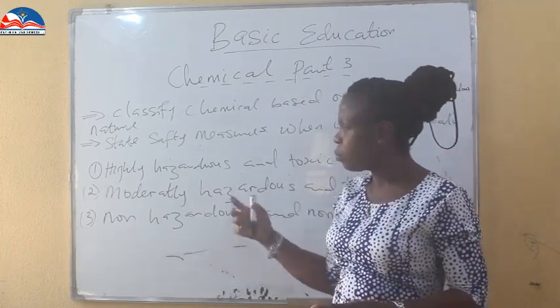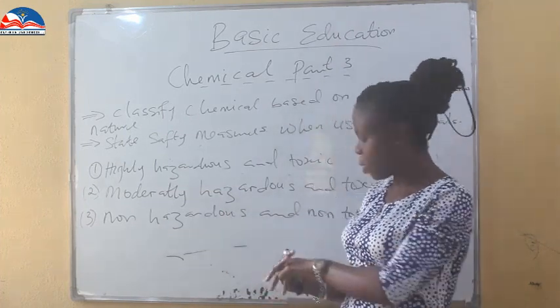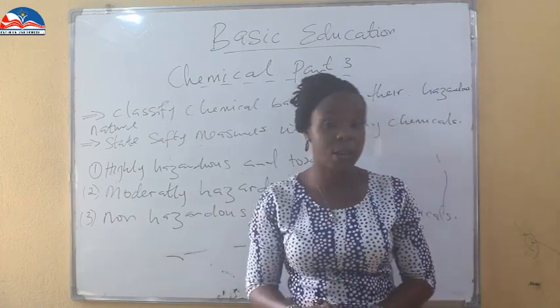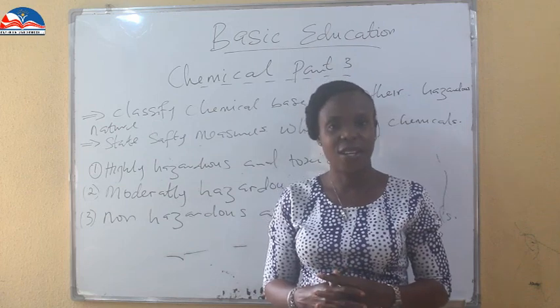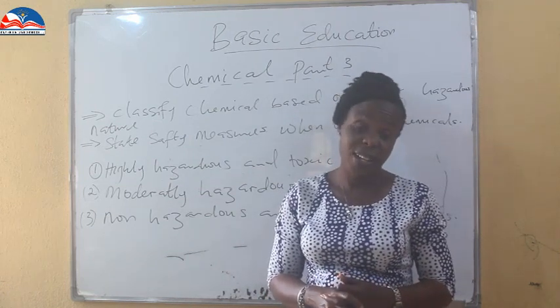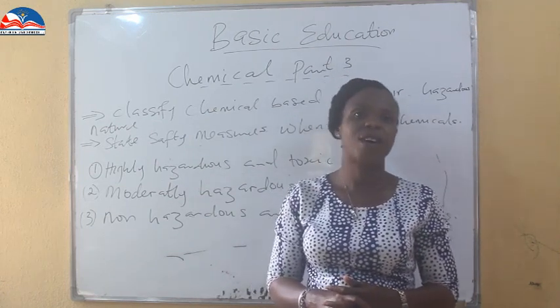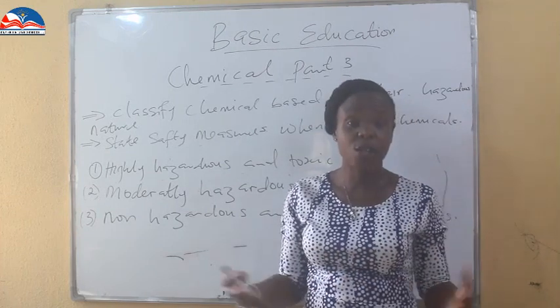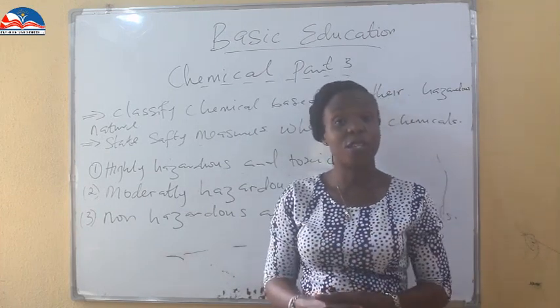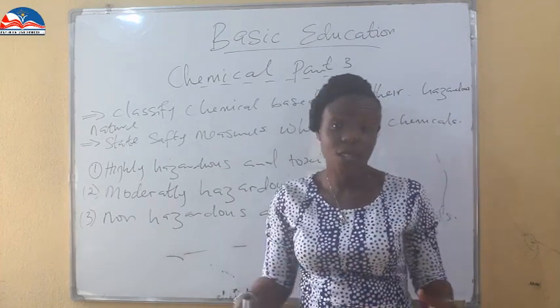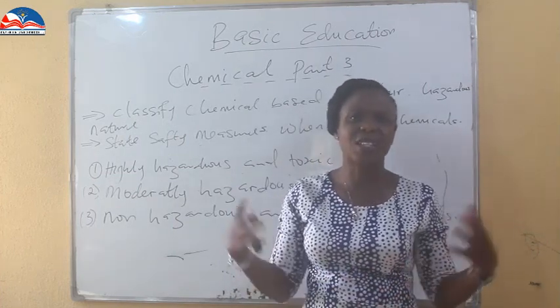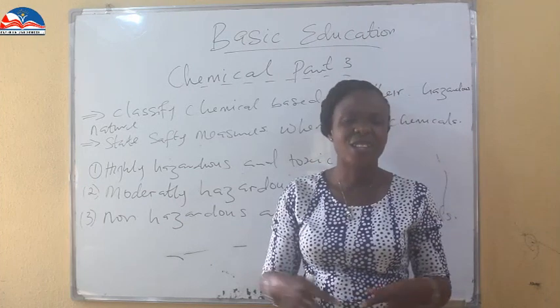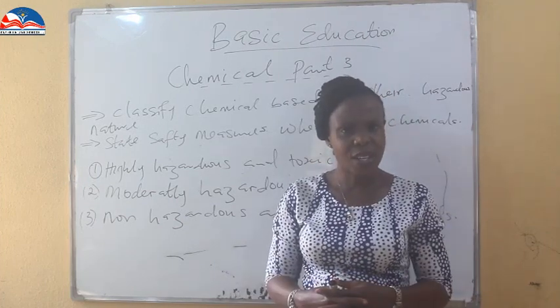Then we have the non-hazardous and non-toxic chemicals. Number 1 example is water. Water is a chemical, but it's very, very mild. Friendly to the hand, friendly to the body, friendly to the cell. So when handling water, we say that water is non-hazardous. It is non-toxic.